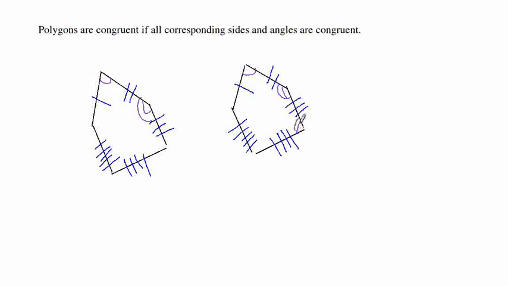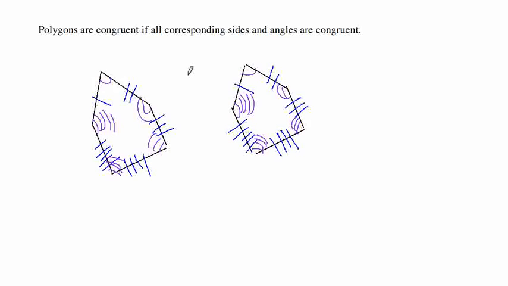And as you can see, when you have lots of angles, it can get a little tricky to denote that they all have the same measure. Okay? So when you think about congruent polygons, think about corresponding sides and angles being congruent.